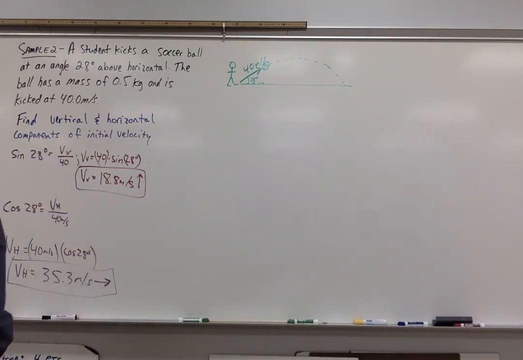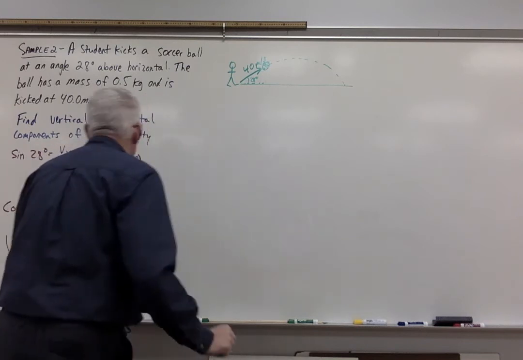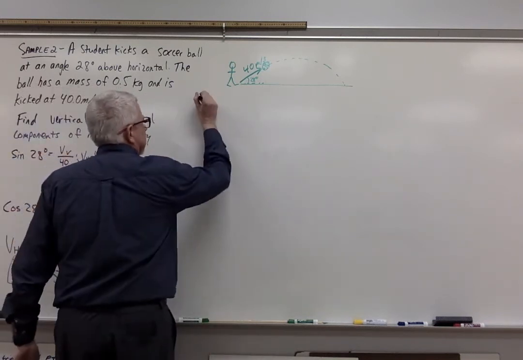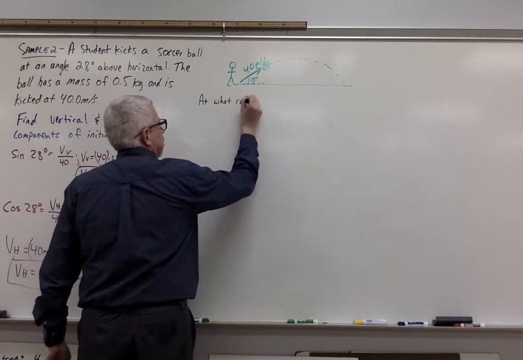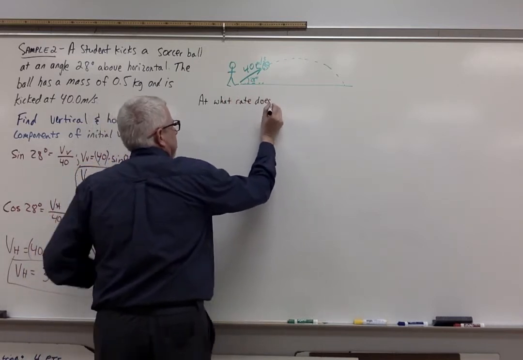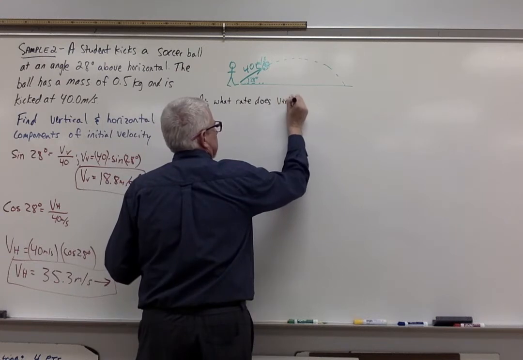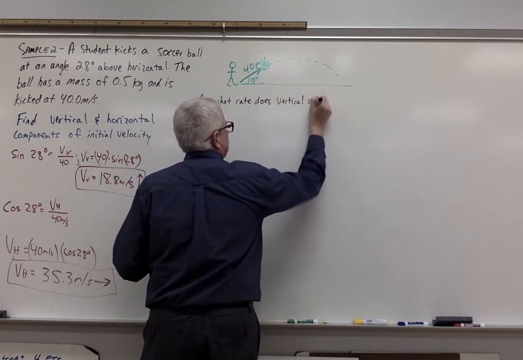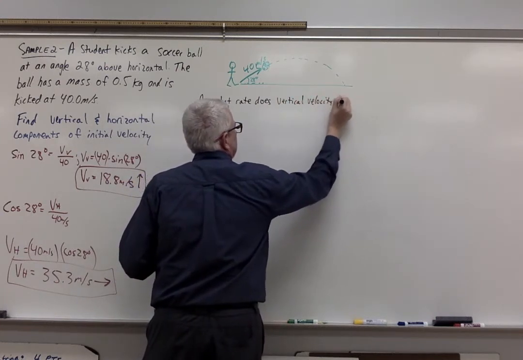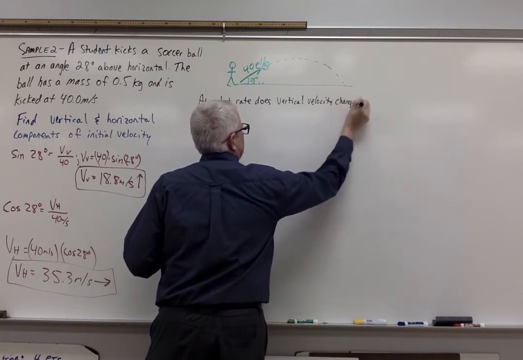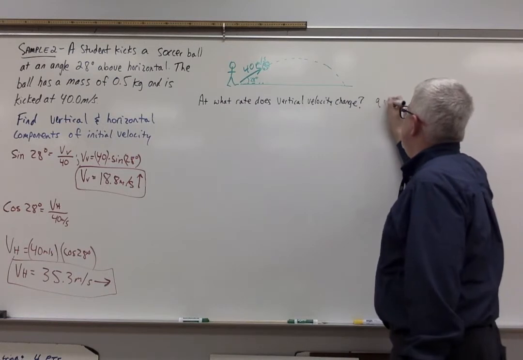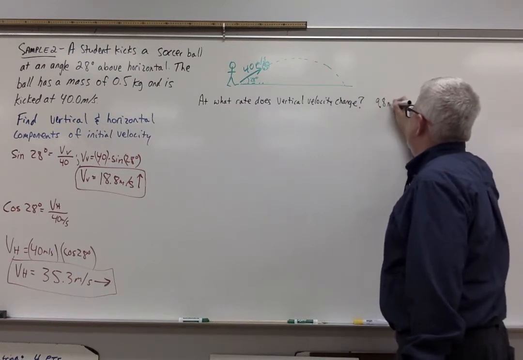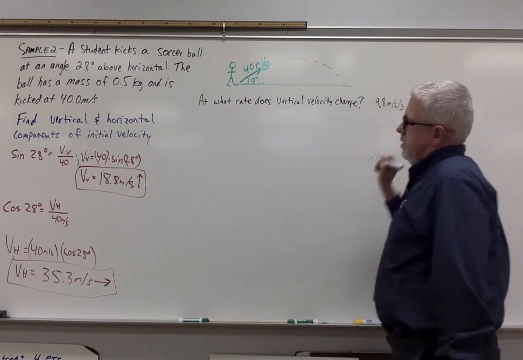So one question I might ask here is, at what rate does the vertical velocity change? Well, that is 9.8 or 10 meters per second every second.